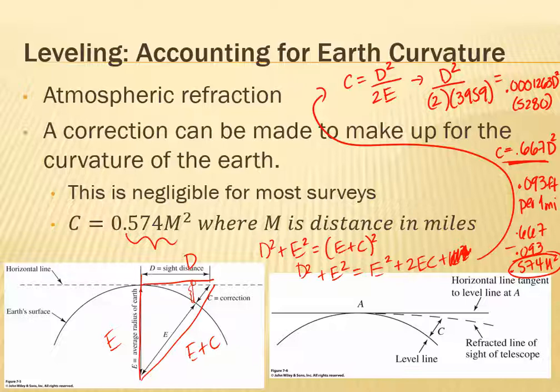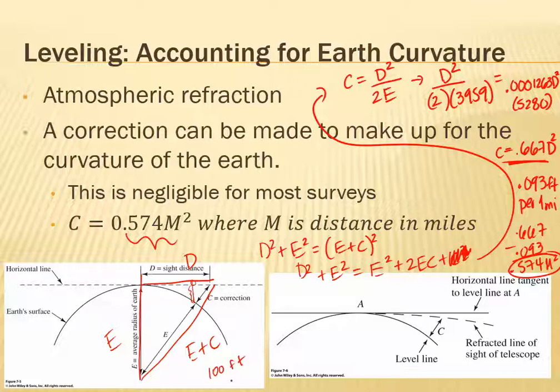In any case, all that you will need to know is that if you have, for example, a telescope reading on a rod that's 100 feet away, this has to be in miles, right? So you have to convert feet to miles. So it would be, let's say, 100 feet away.